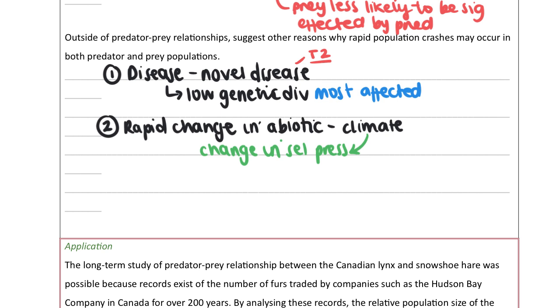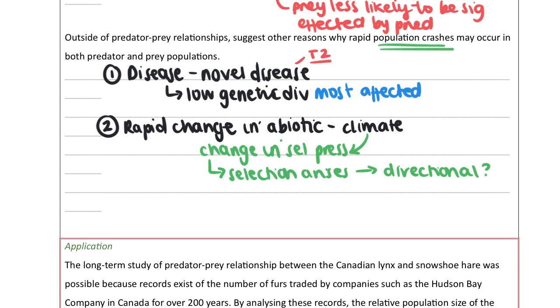Obviously, we know that with a change in selection pressure, we're going to end up with some form of selection. So selection arises, and generally this is probably going to be directional selection as opposed to stabilizing. So we're talking about here population crashes. Directional or disruptive is how we see the changes in population after a massive problem.